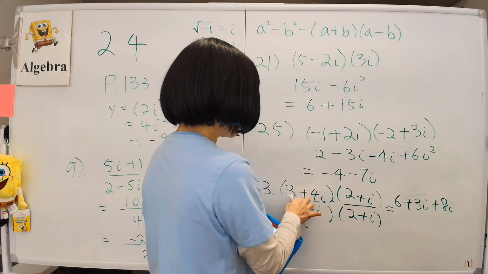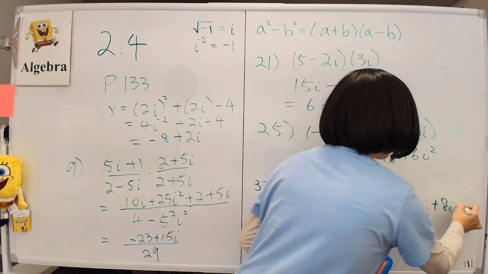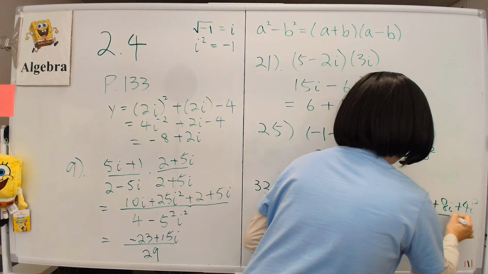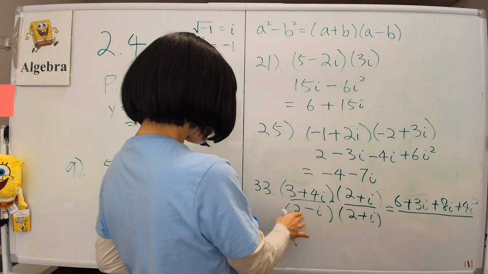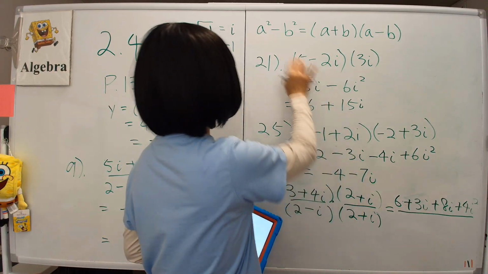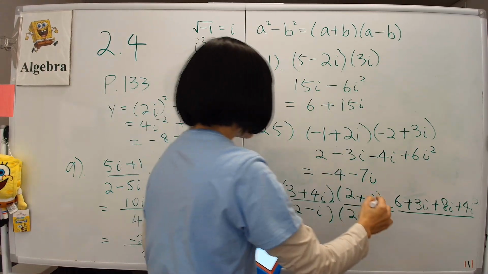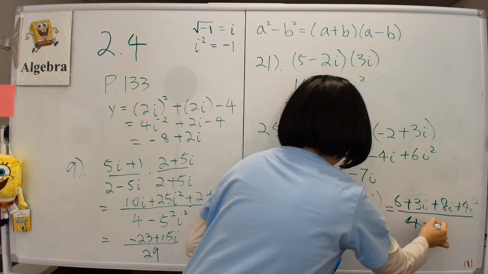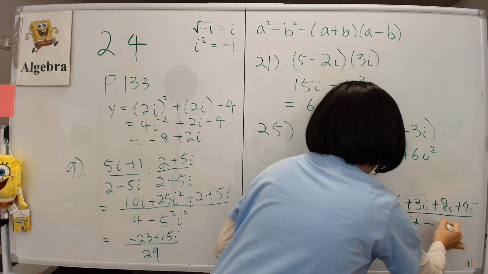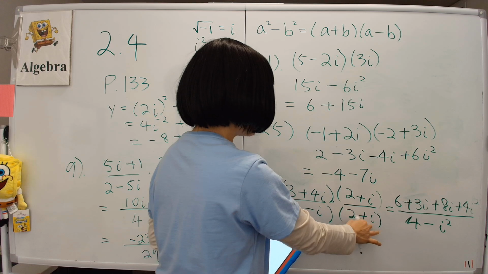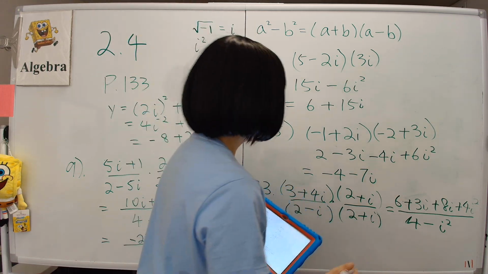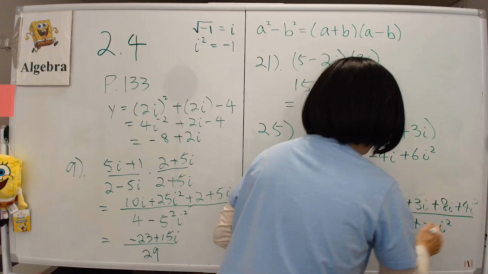And finally, 4 times i is 4i squared. And then the bottom, of course, is a squared minus b squared. That is going to be equal to 4 minus i squared, because i times i is i squared, following this formula.